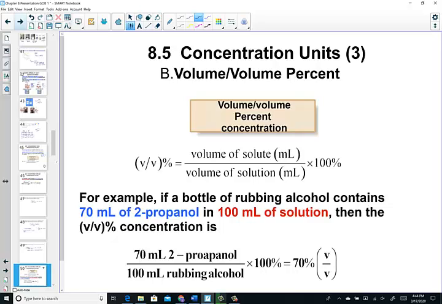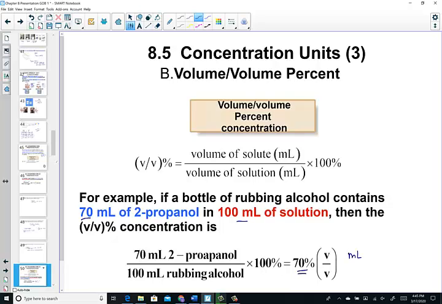Another type of expression for concentration is a volume over volume, and especially if we don't have a solid dissolving into the solution. If it's a liquid that is miscible in another liquid, you'll express it as volume percentages. For example, if we had a bottle of rubbing alcohol and it says that a 70 ml portion of 2-propanol, that's isopropyl alcohol, is in 100 mils of solution, it comes out to be 70% volume by volume.